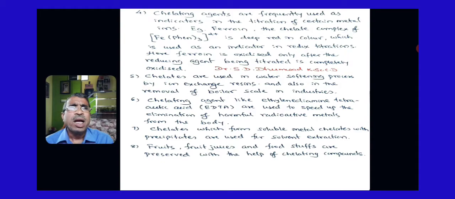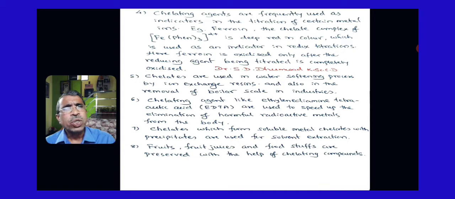It is an orthophenanthroline complex of iron, where iron is in +2 state. It is deep red in color, which is used as an indicator in the redox titration. Here ferroin is oxidized only after the reducing agent being titrated is completely oxidized.